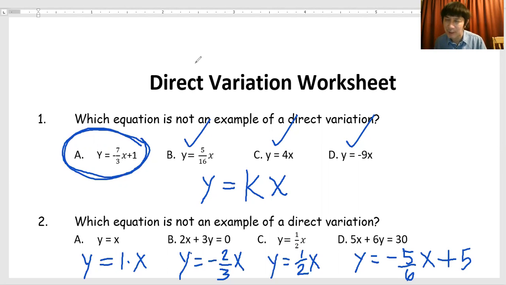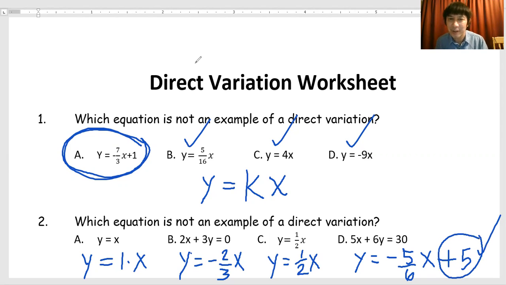After you divide that by 6, that becomes a 5. So the 30 will be divided by the 6, and that will surely become a 5. And when you transpose the 5x to the other side, that becomes a -5x. After dividing everything by 6, this will be the equivalent. And so there is a number 5 there.